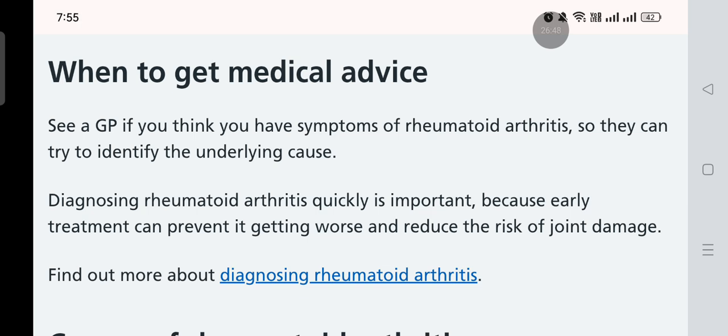Diagnosing rheumatoid arthritis quickly is important because early treatment can prevent it getting worse and reduce the risk of joint damage.